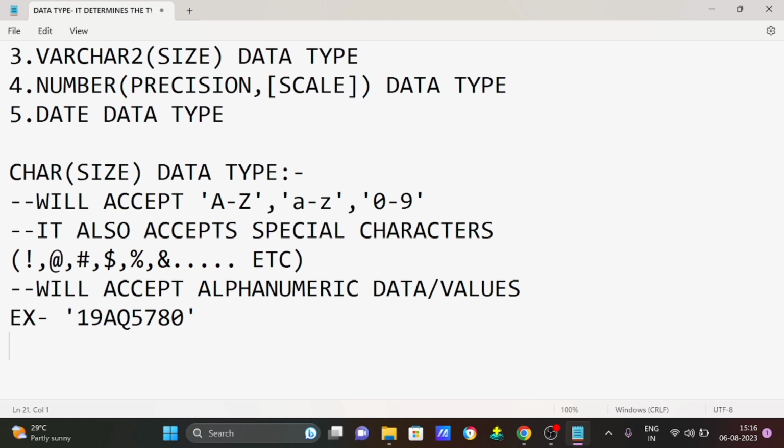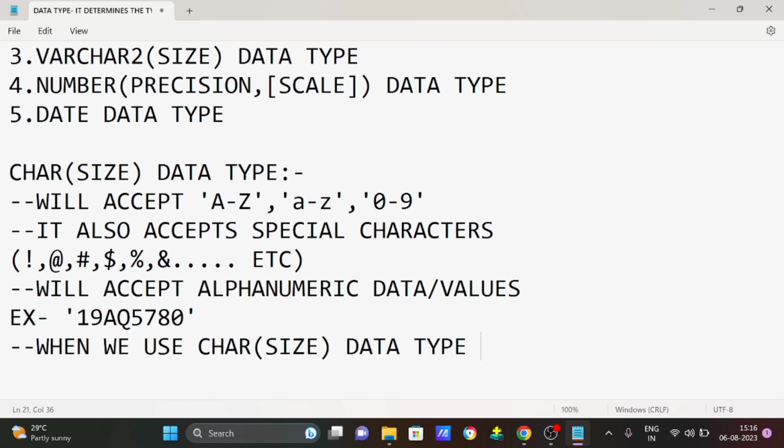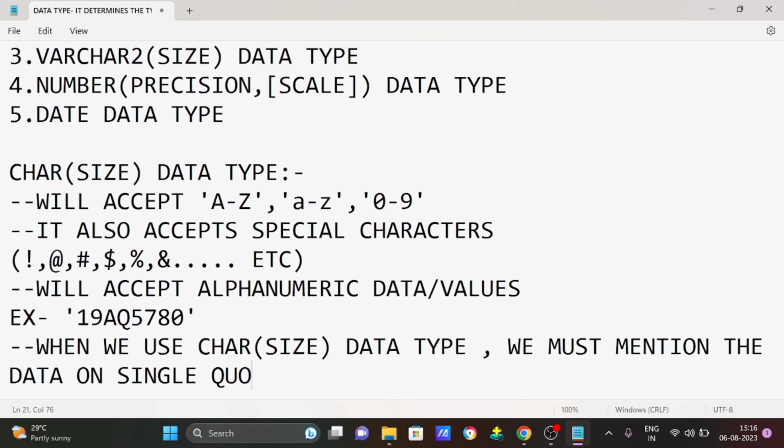The next point is, when we use char of size data type, we must mention the data in single quotes.